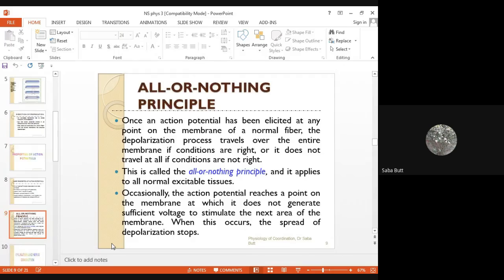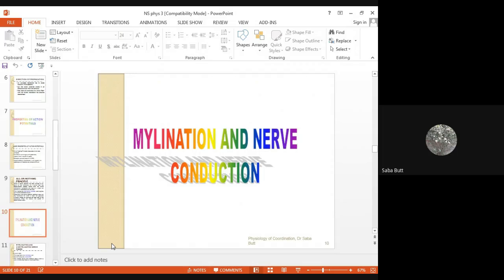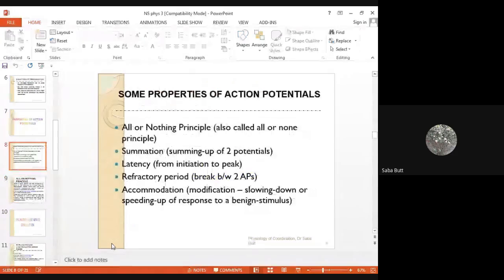So the other property is summation. Summation means, as everyone can understand, summing up. I was saying that more than one message or stimulus may be arising close to each other, and one neuron may be receiving sometimes hundreds of stimuli.